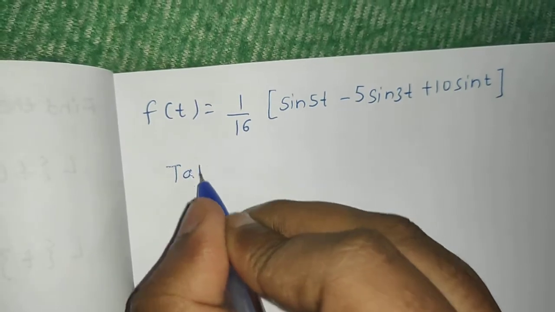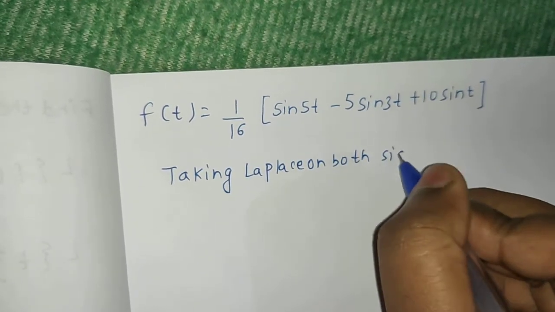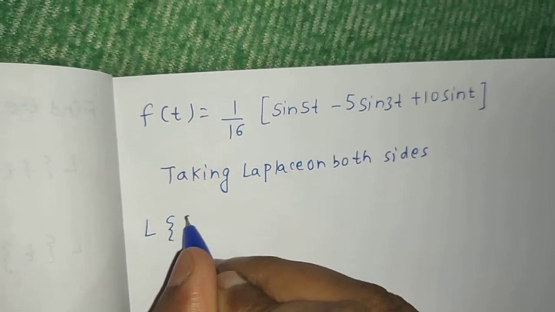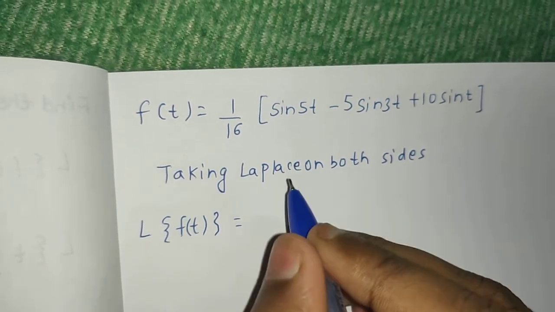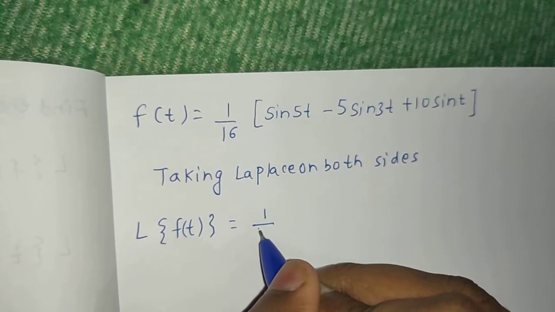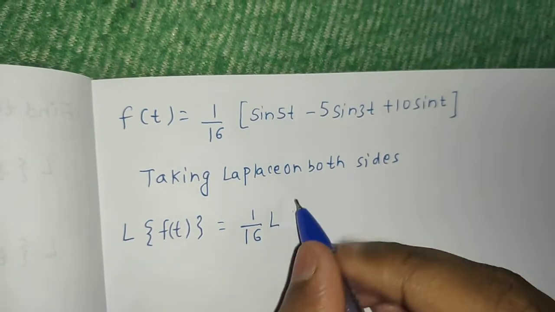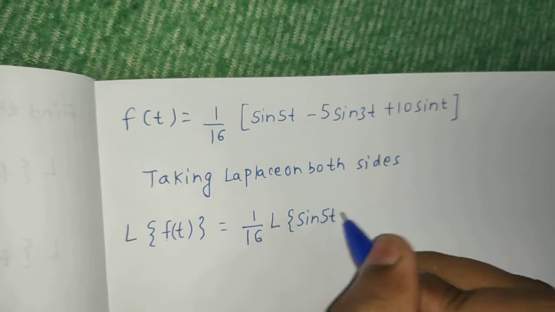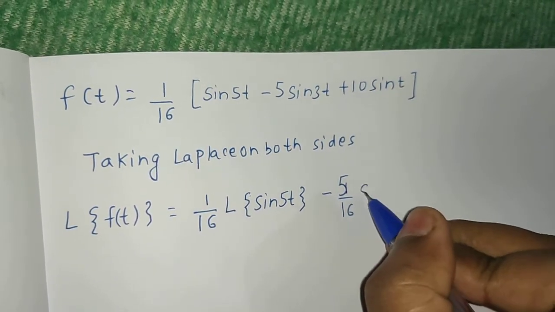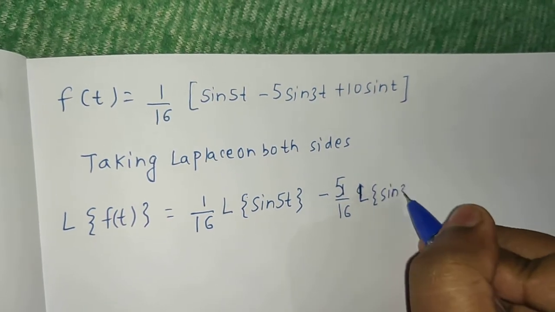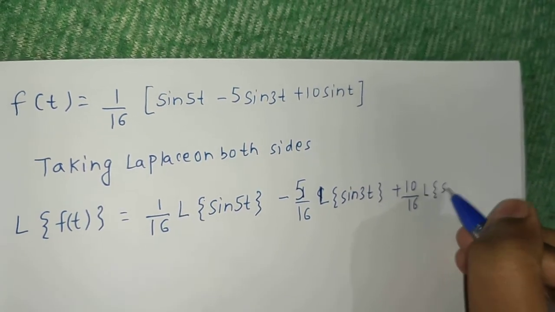Now taking Laplace on both sides, what we'll get is Laplace of f of t equals 1 by 16 times Laplace of sin 5t, minus 5 by 16 times Laplace of sin 3t, plus 10 by 16 times Laplace of sin t.